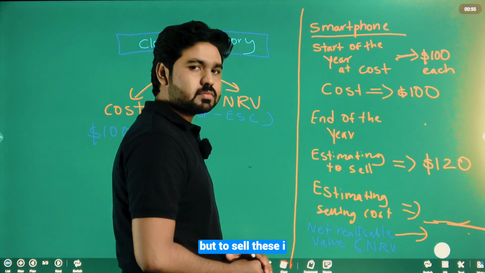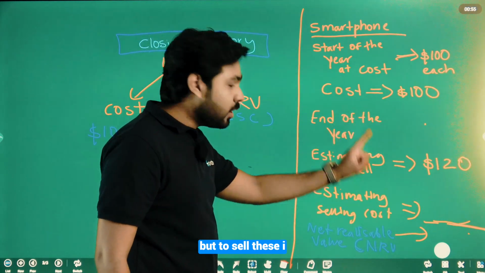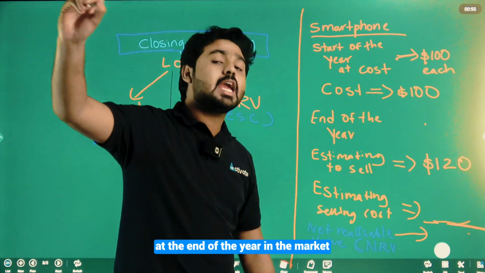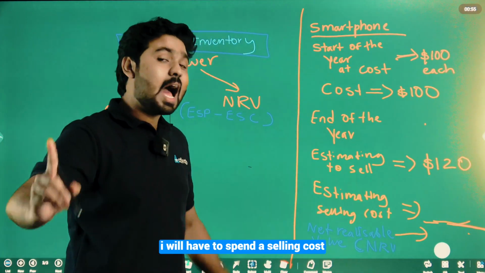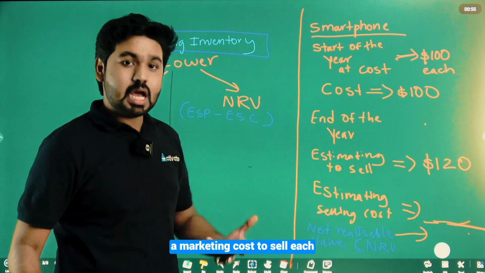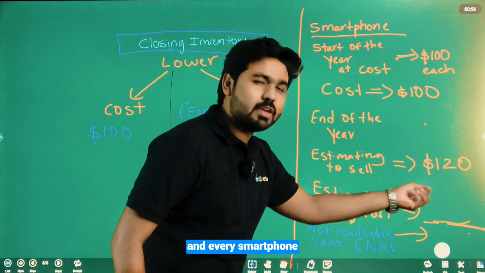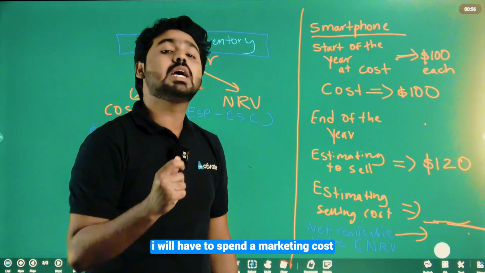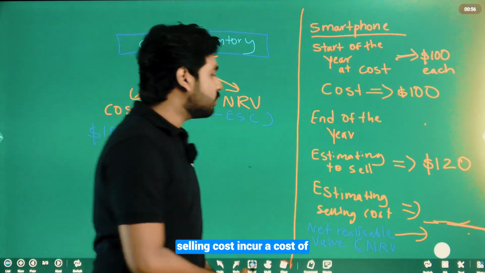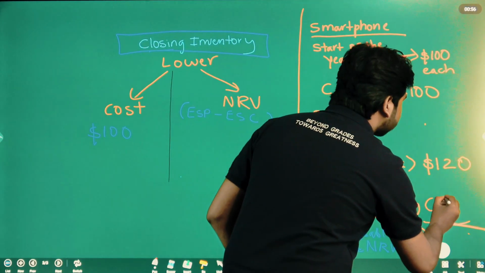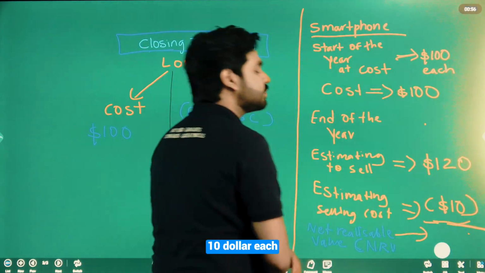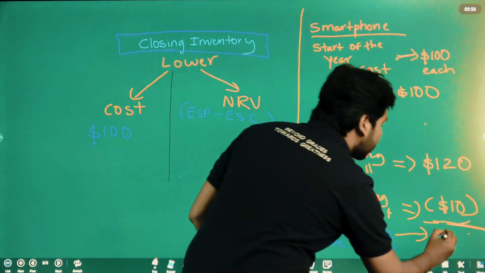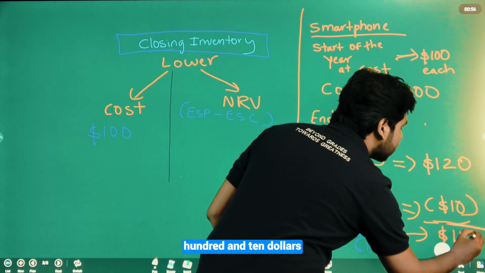But to sell these smartphones at $120 each, I will have to spend a selling cost, a marketing cost, of $10 each. So now my NRV will become $110.